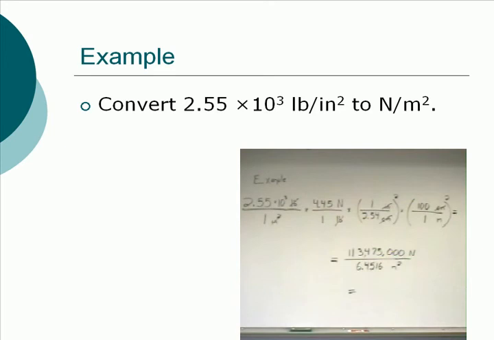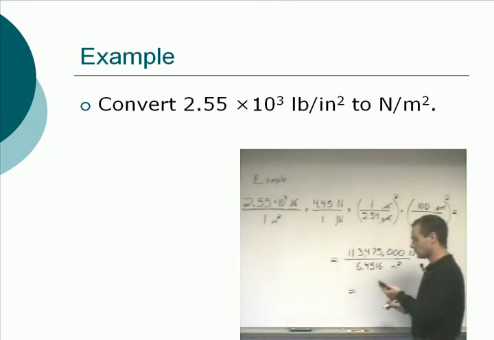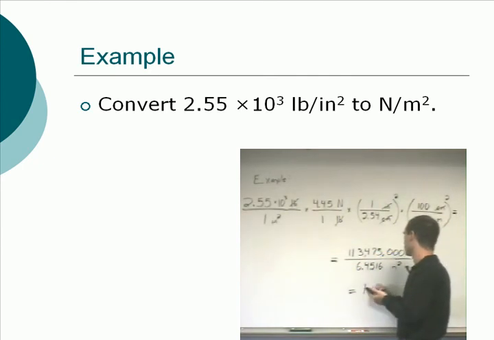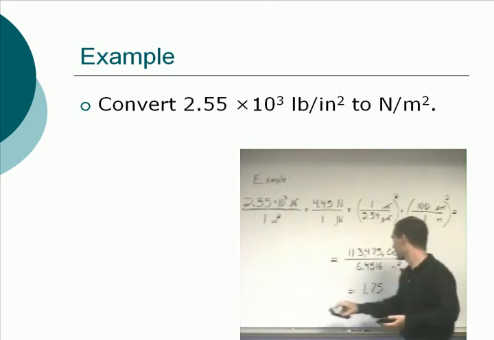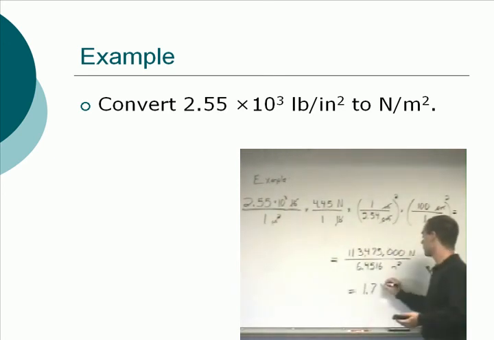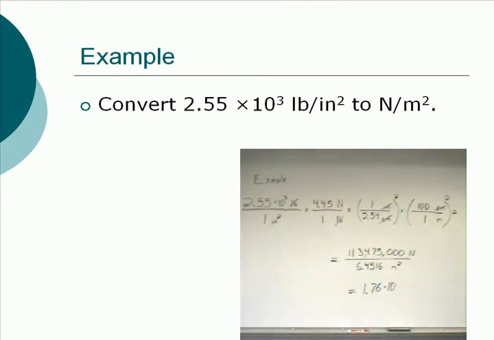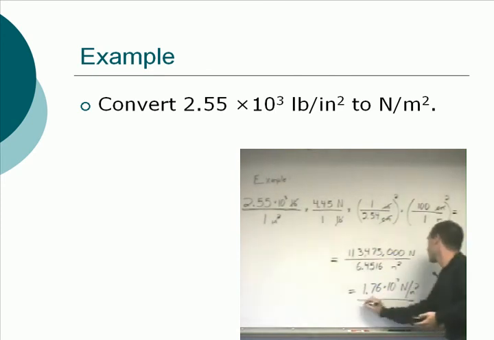Dividing that, whoops, not 1.75. 1.76 times 10 to the what? 7th. Yep, 10 to the 7th newtons per square meter.